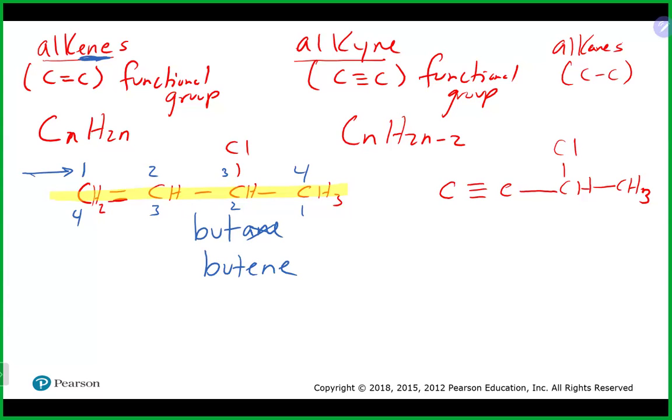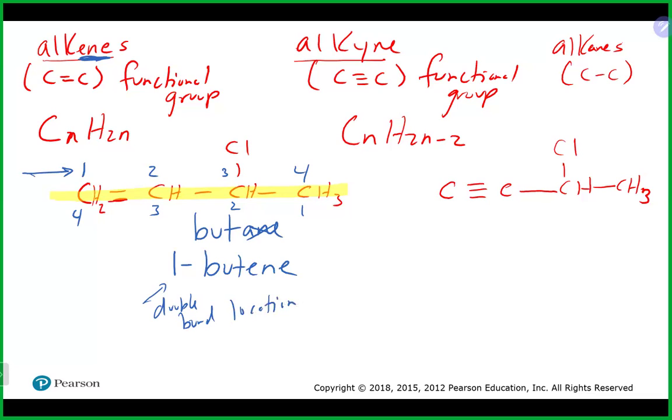Whenever there is more than one option as to where the double bond or triple bond could be located, which is typically four or more carbons, you have to give the number as to where the double bond is located. In this case, my double bond is located at carbon number 1. This would be 1-butene. The 1 is the double bond location.